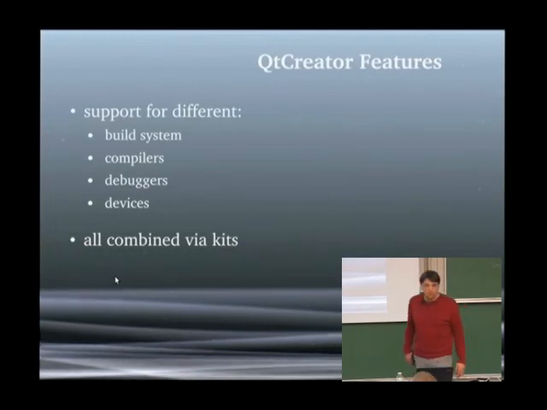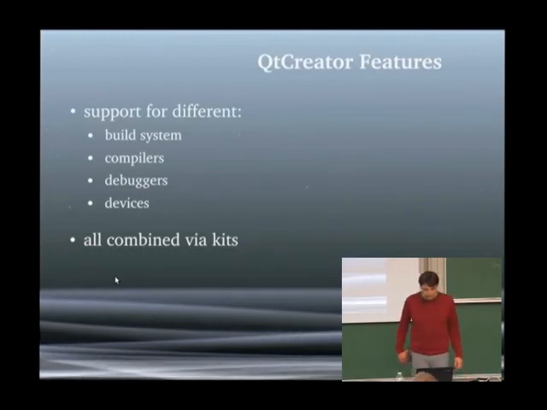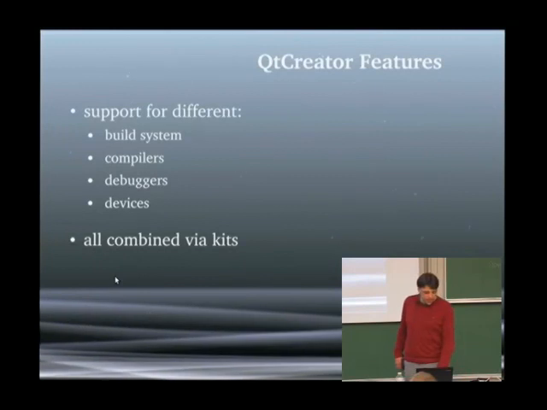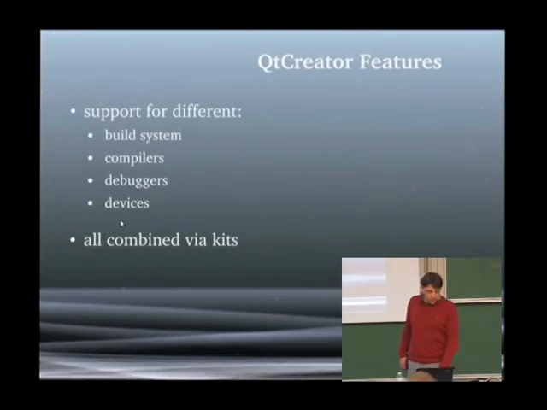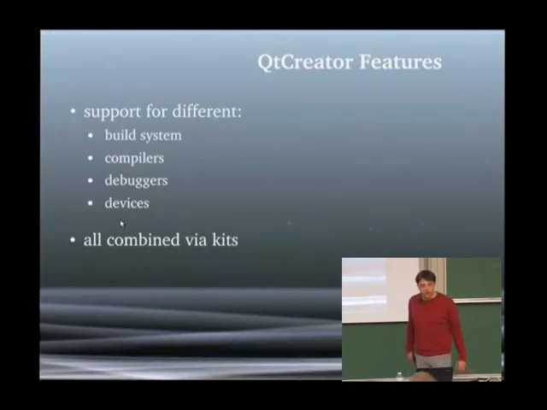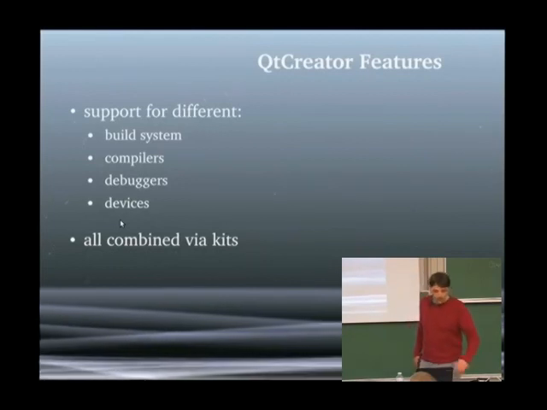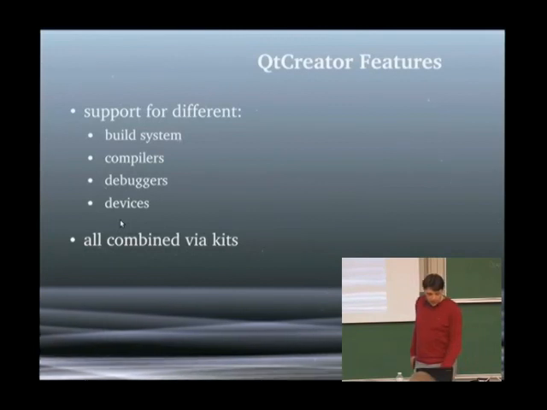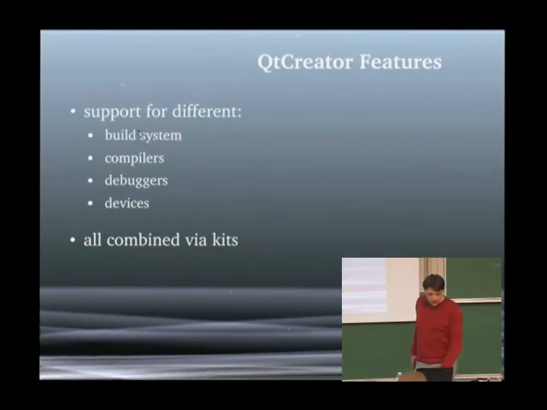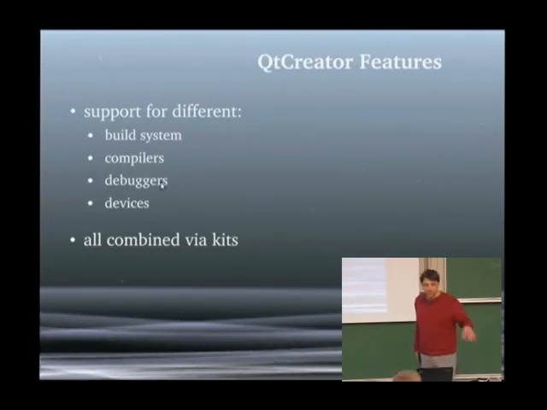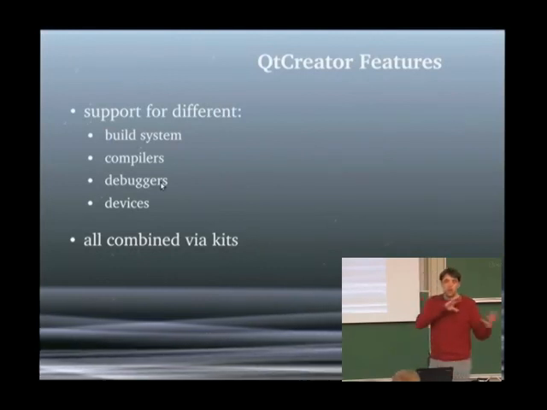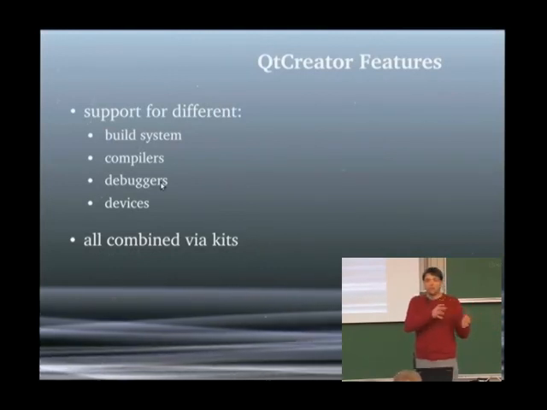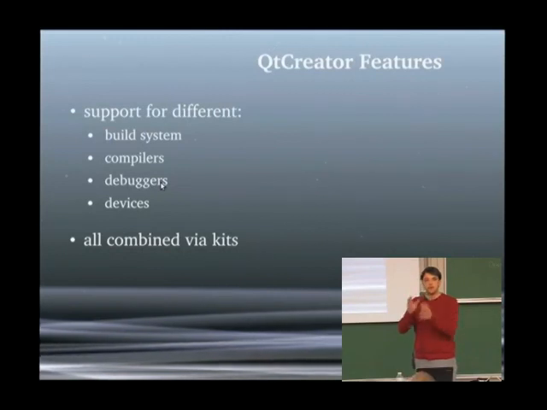And it has backends for different debuggers. It has a nice abstraction of devices, so you can configure your own devices, which I'm also using, as presented later on. All this stuff is combined via kits, so you can have different cross-compilers configured in your QtCreator.